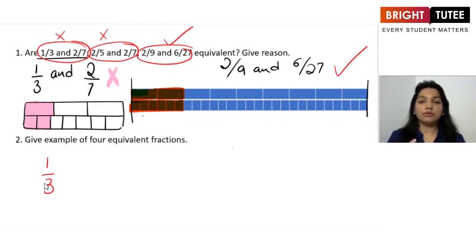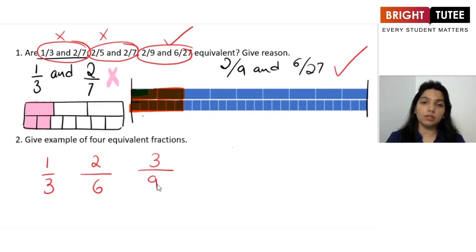Out of 3, if I've got 1 part selected, then out of 6, if you have got 2 parts selected, it will be equivalent. Now out of how much, if 3 are selected, will it be? It will be 9.